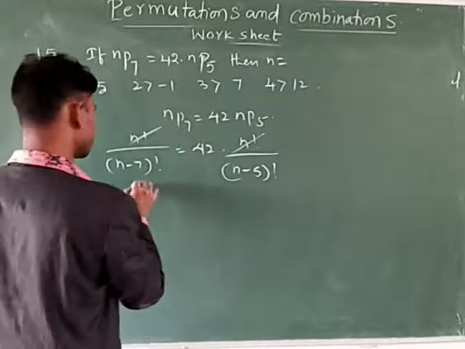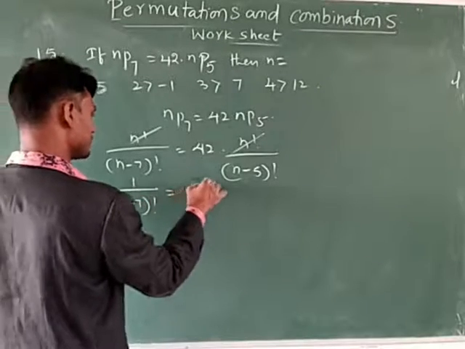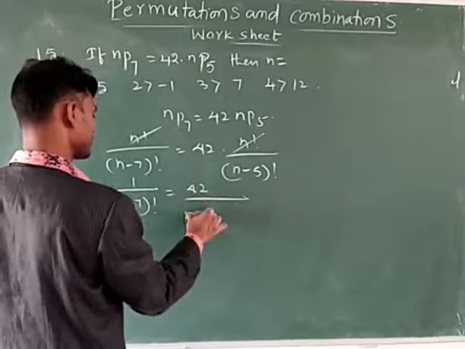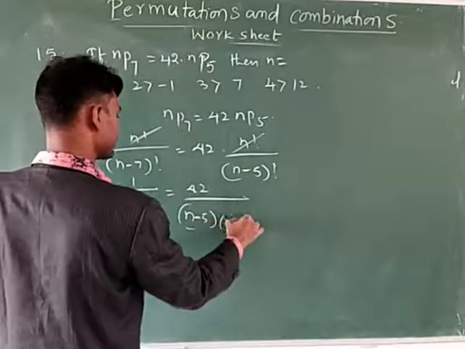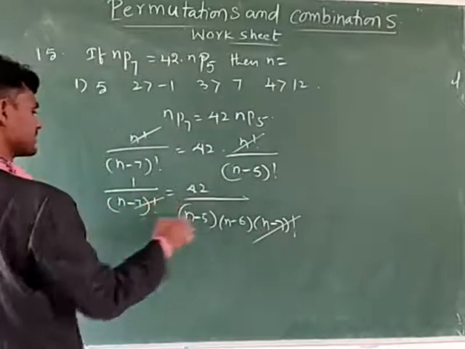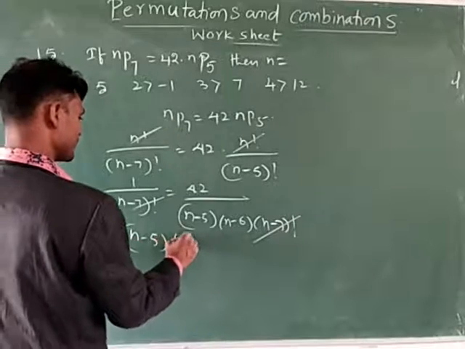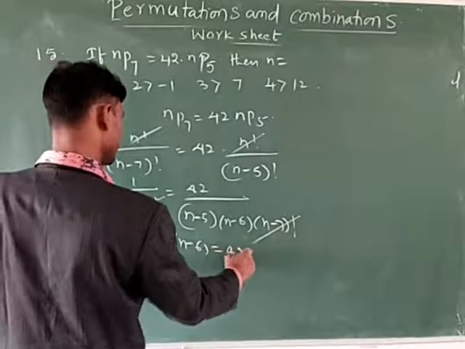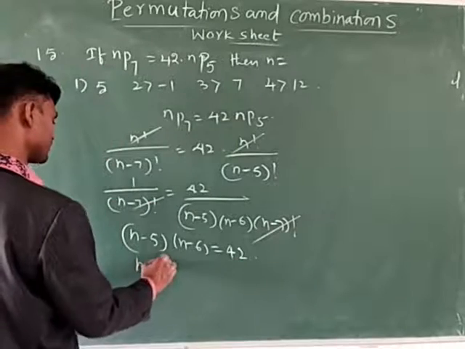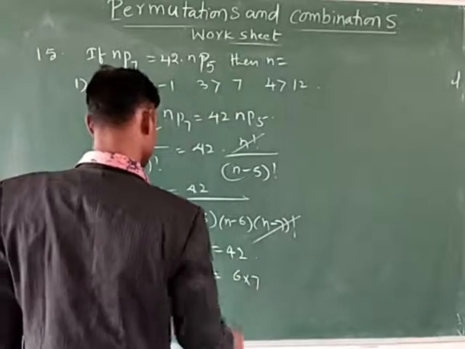Then this is written as 1 by (n minus 7) factorial is equal to 42 by, this one is written as (n minus 5) into (n minus 6) into (n minus 7) factorial. This (n minus 7) factorial cancels, cross multiply. (n minus 5) into (n minus 6) is equal to 42. Again this is rewritten as (n minus 5) into (n minus 6). This is written as 6 into 7.